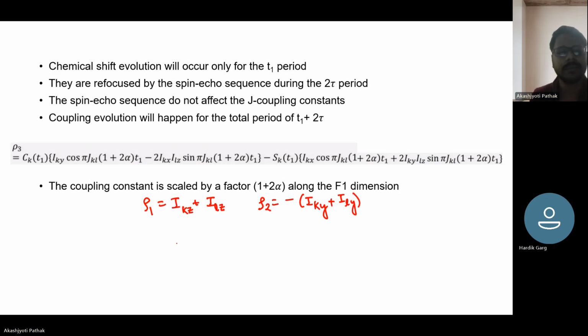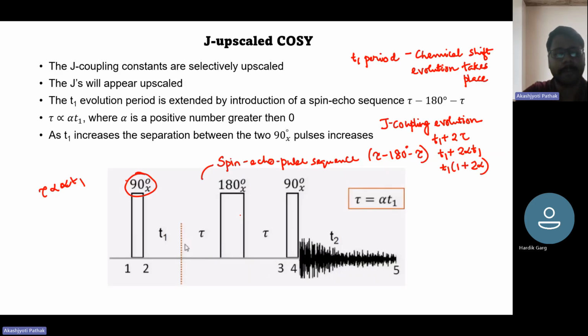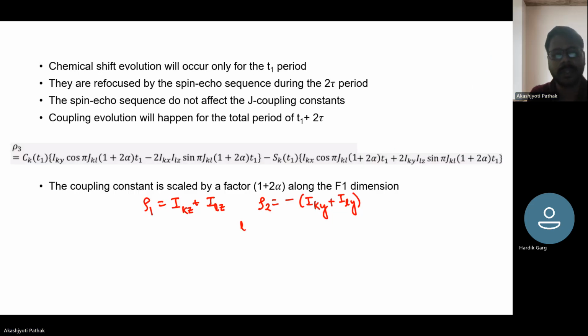After time point 2, we will have the T1 and the following T1 plus 2 tau period.